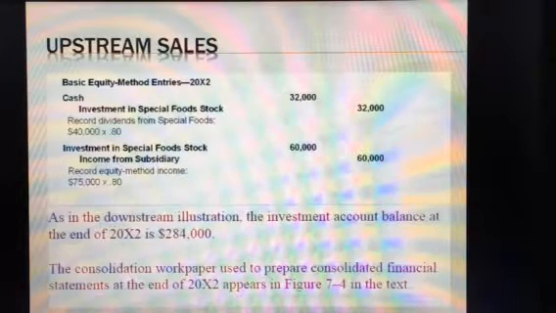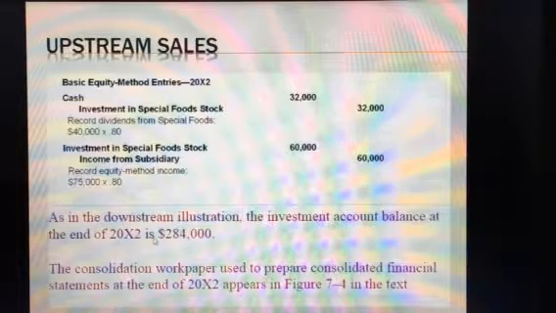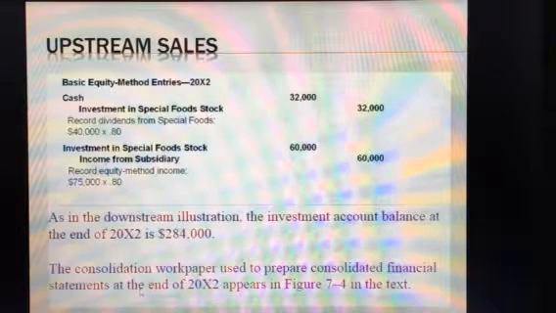As in the downstream example, the investment account balance at the end is 284,000. The consolidated work paper used to prepare the consolidated financial statements at the end is prepared in figure 7.4.